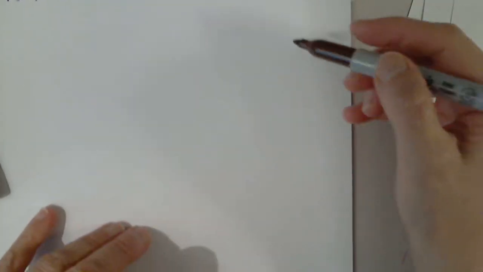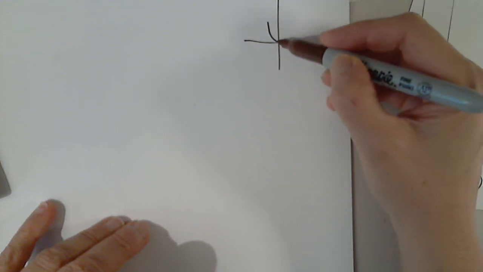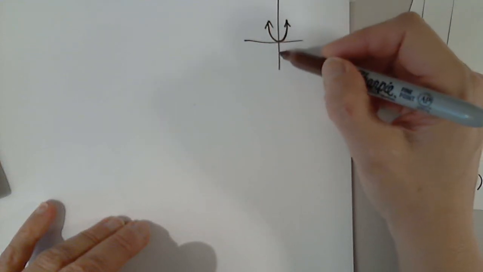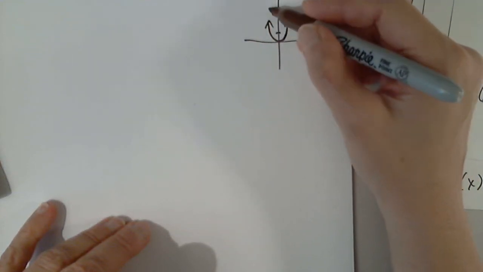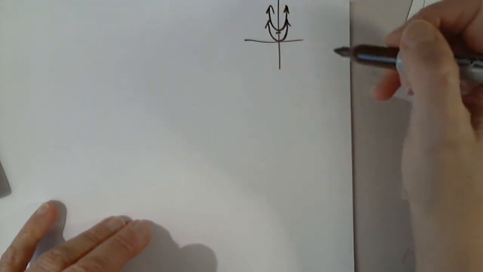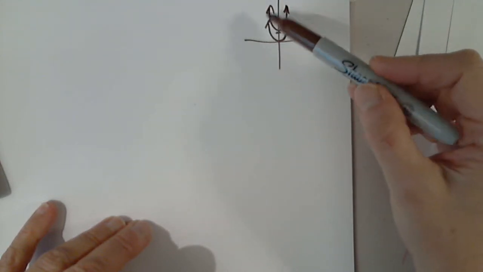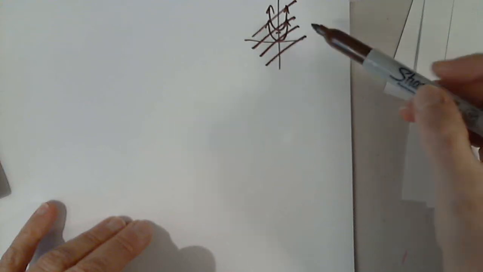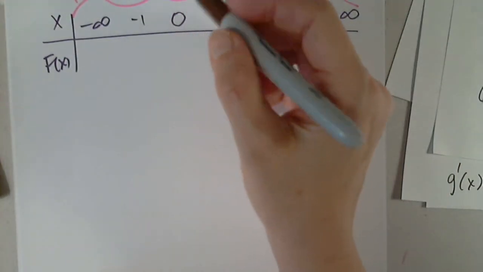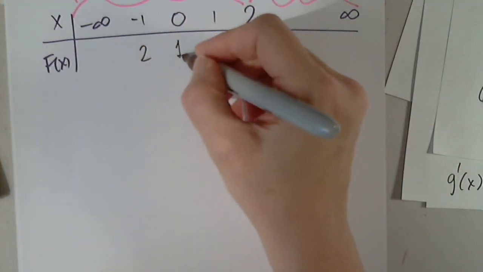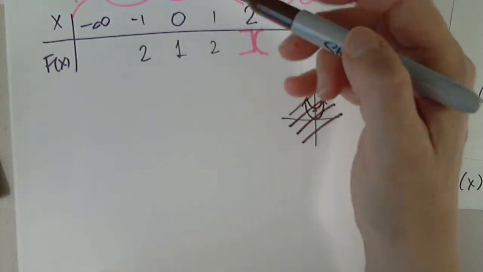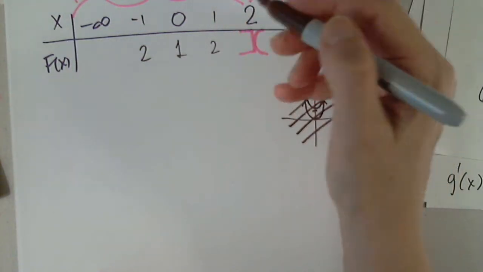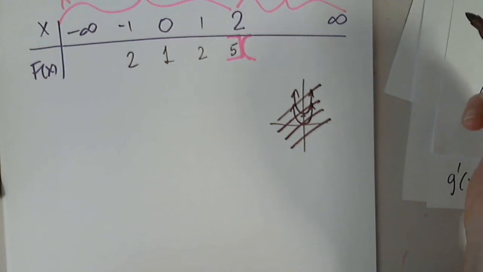I know how to graph this, right? So we already know that this is x squared, and it goes up 1. This will be x squared plus 1, but I will not be graphing the whole thing. So negative 1, 1 plus 1 is 2, 0 is 1, again 1 is 2, and I plug in 2, and I get 4 plus 1, as we know, it's 5.